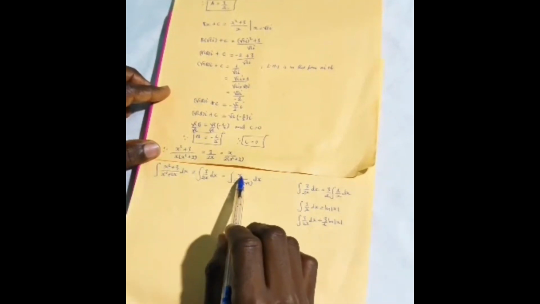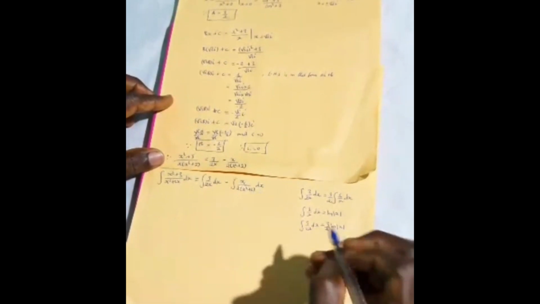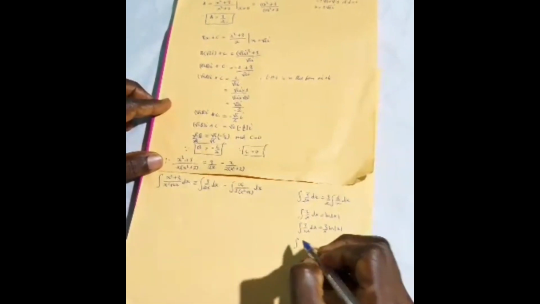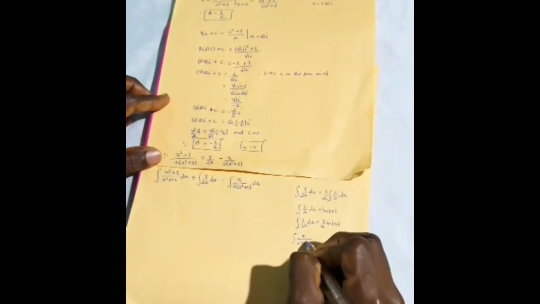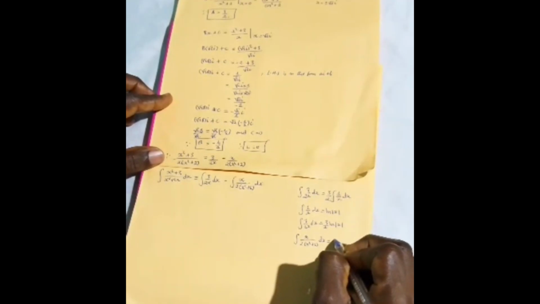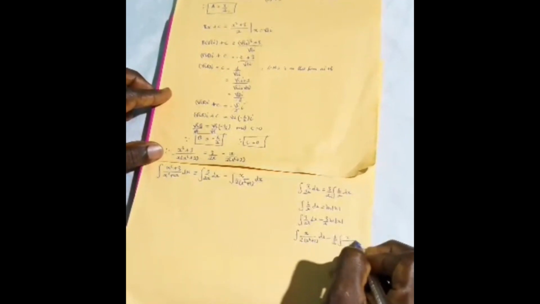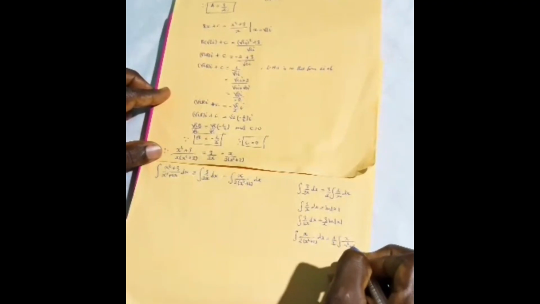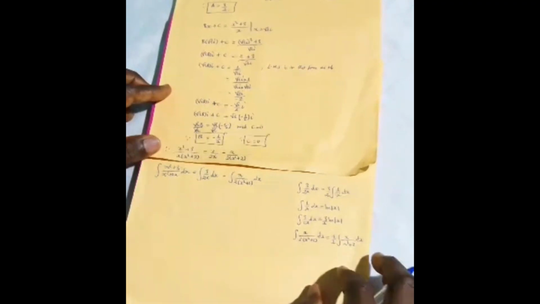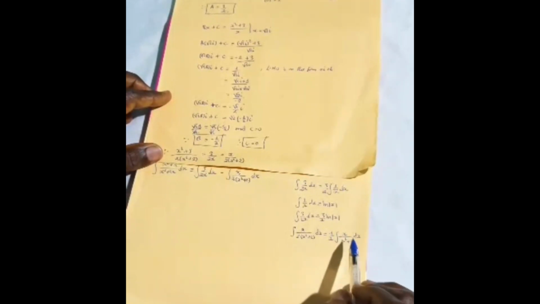Now let's go on to integrate the integral of x divided by 2 into x squared plus 2 dx. We factor out half times the integral of x divided by x squared plus 2 dx. Now we see that the numerator here is the near derivative of the denominator.